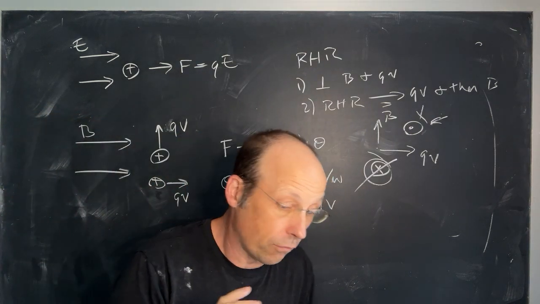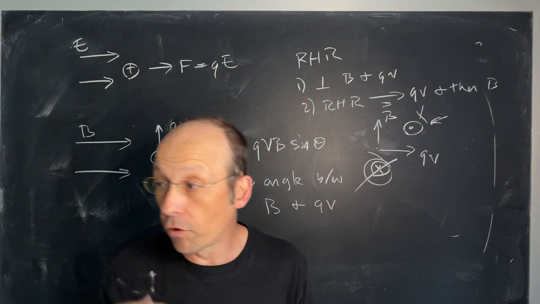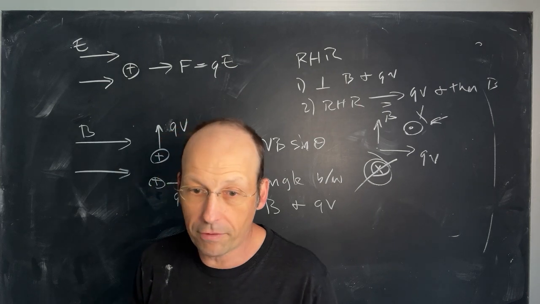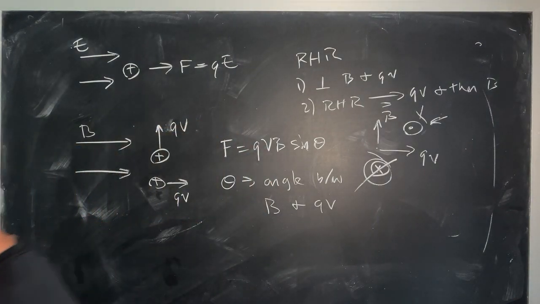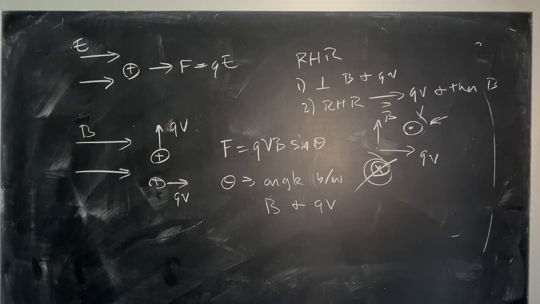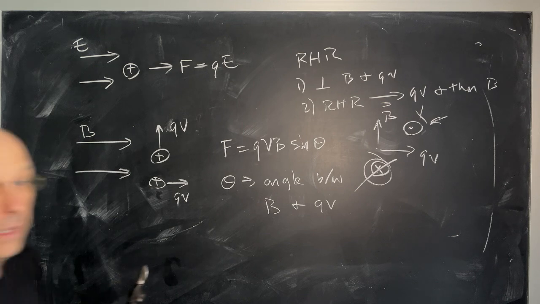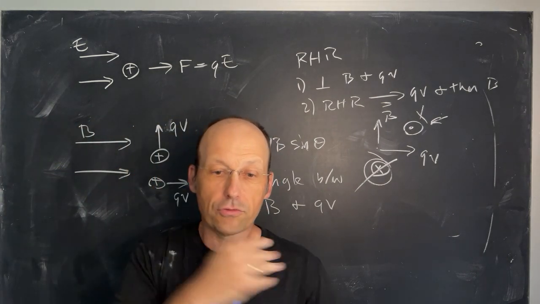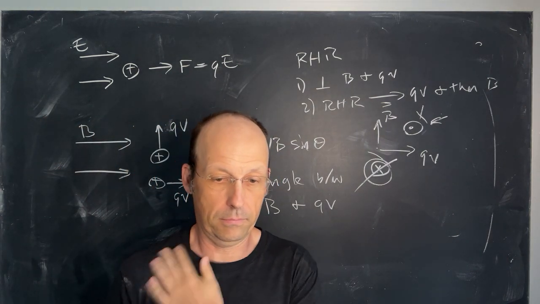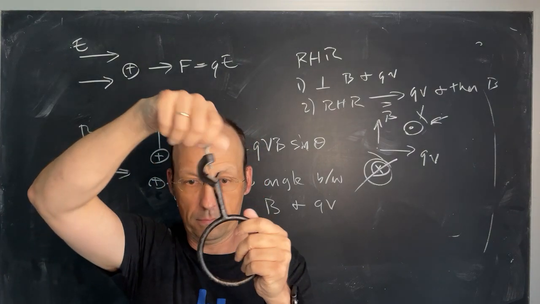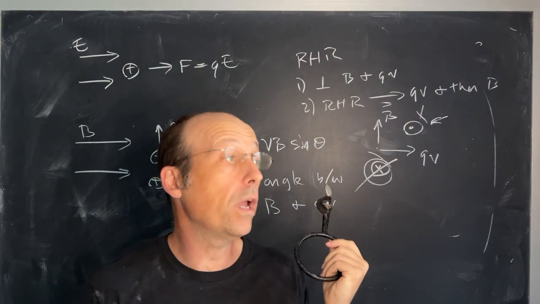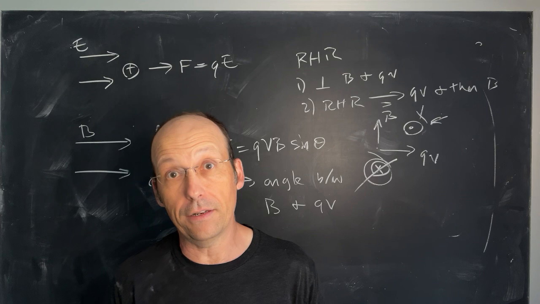Now, let me give you a really useful version of the right-hand rule. Let me grab a... I'm not prepared for this. Fine, I'll just use this. So this is a screw, we traditionally use right-handed screws.